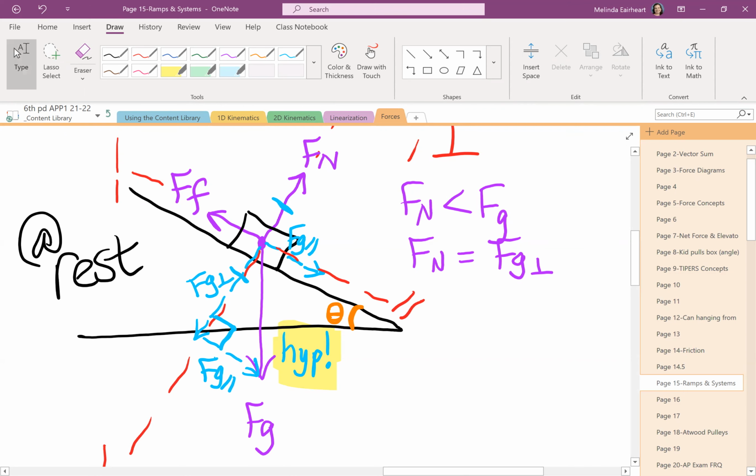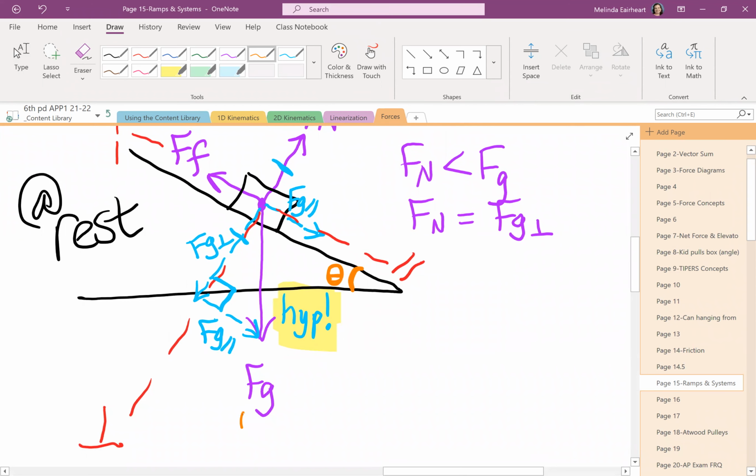Well, gravity, Fg, is on the old y. Fg perpendicular is on the new y. And so that shift between Fg and Fg perpendicular is the same angle as the ramp angle, okay?